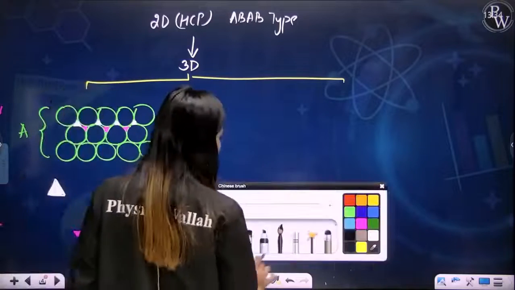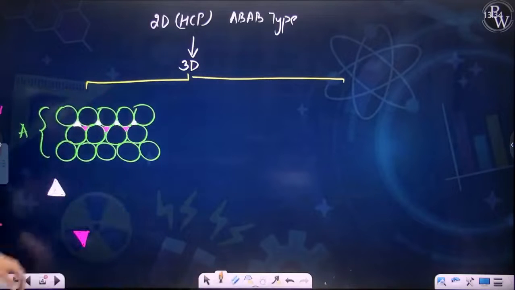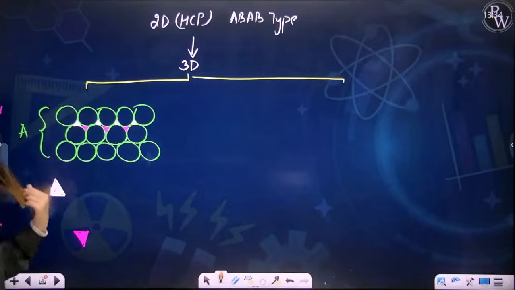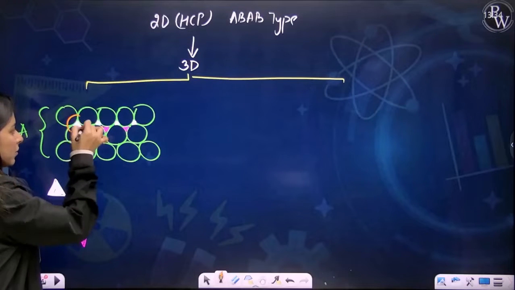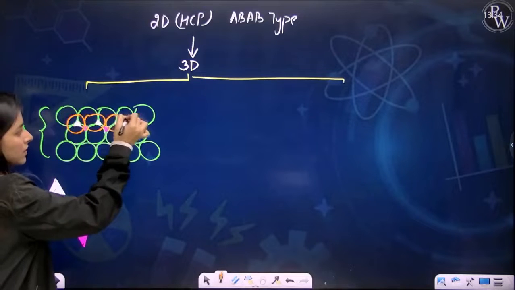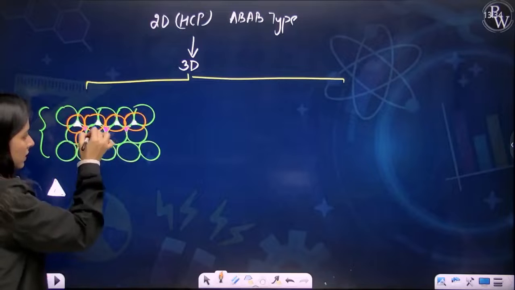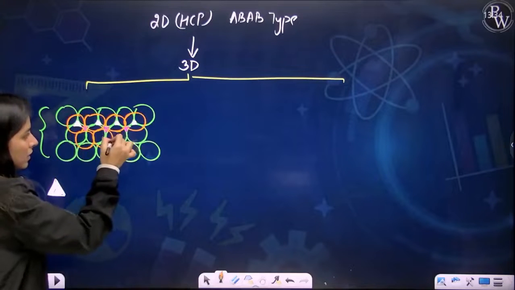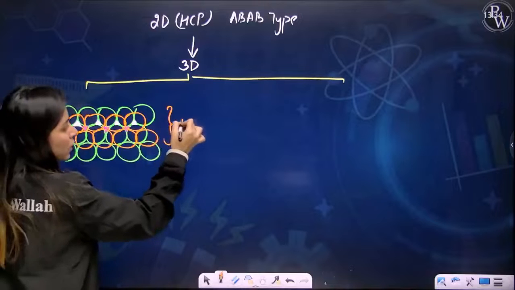Now we'll check which type of voids these are. To understand these, my dear students, what are you going to do? You will put a B layer, covering the white voids, like this, like this, like this. So this orange one is your B layer.